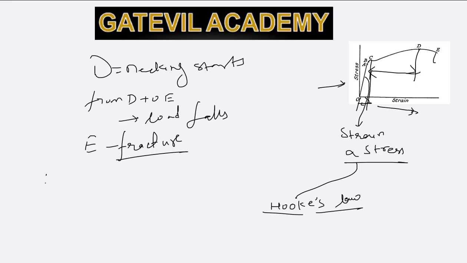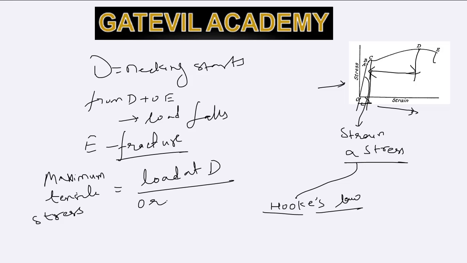So now, to find maximum tensile stress, we would divide load at point D by the original cross-sectional area. Mind this is not the true stress at point D, because the material has necked at point D. This is how the cross-section at point D will look like.